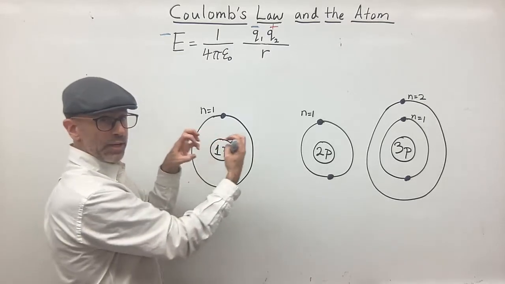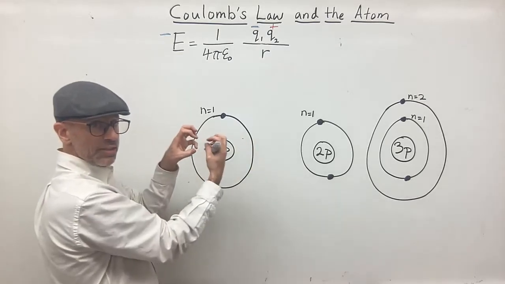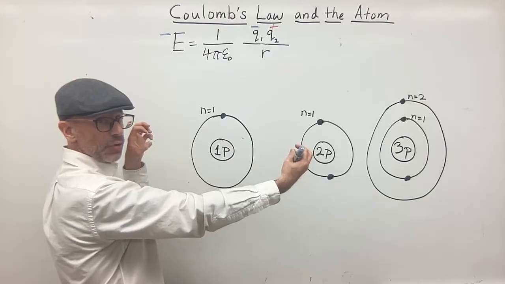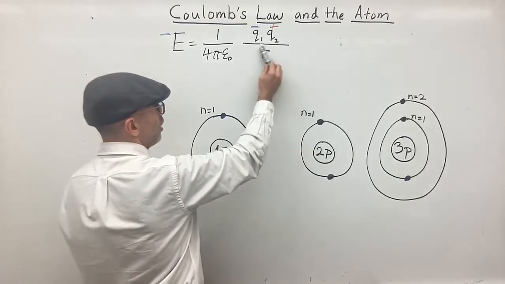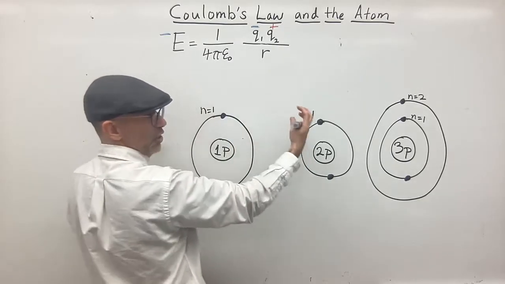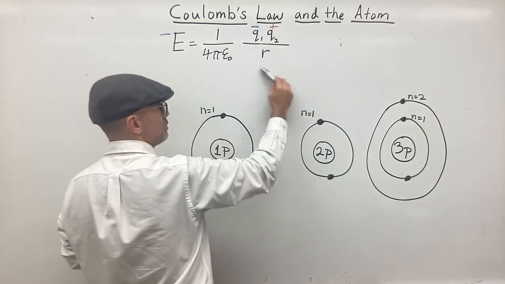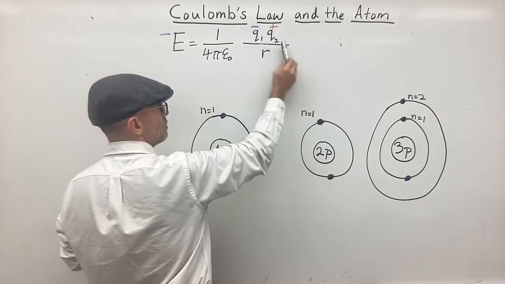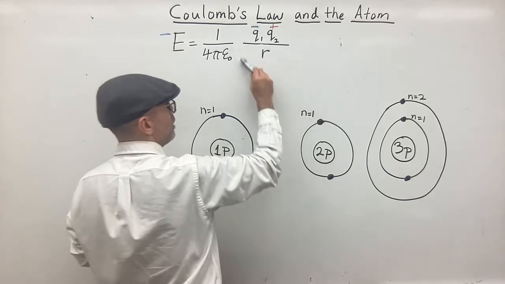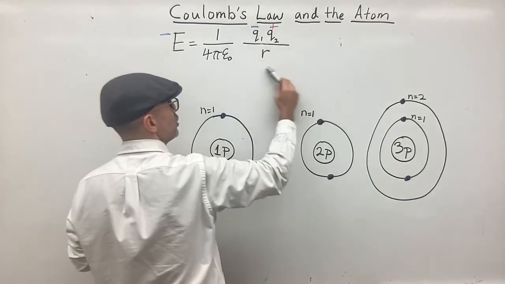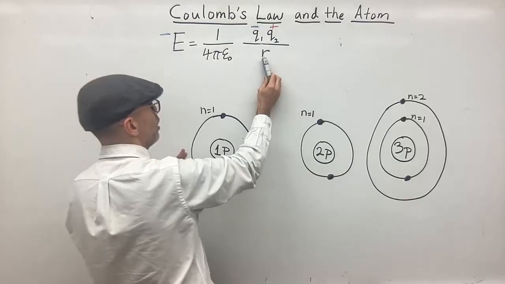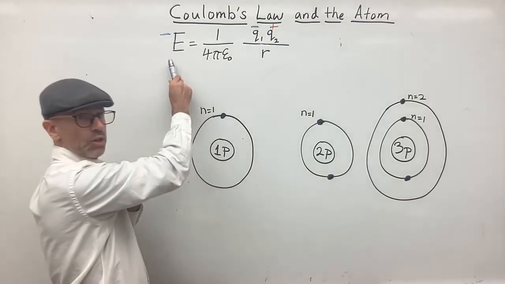So if we bring those charges apart, if we try to separate them and increase the distance, R here gets larger, right? So when R, being a denominator, the distance between the charged particles, gets larger, then this whole ratio gets smaller, and we end up with a smaller negative number.